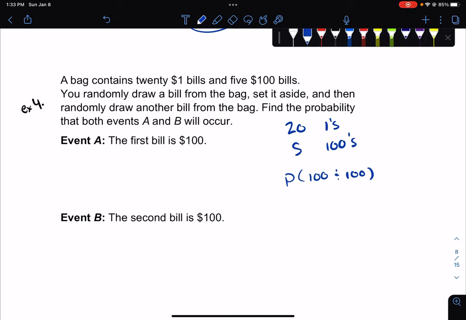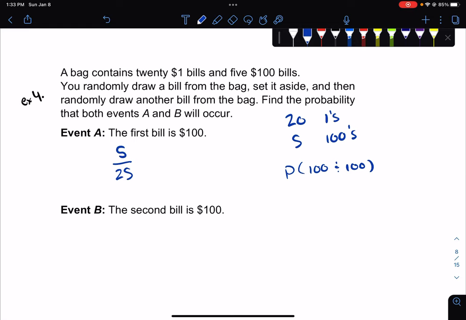So here's where independent and dependent come in, because if I take the first event, the chances of getting a $100 bill, well, there's 5 $100 bills out of 25 total bills. So that's the probability that event A is going to happen.